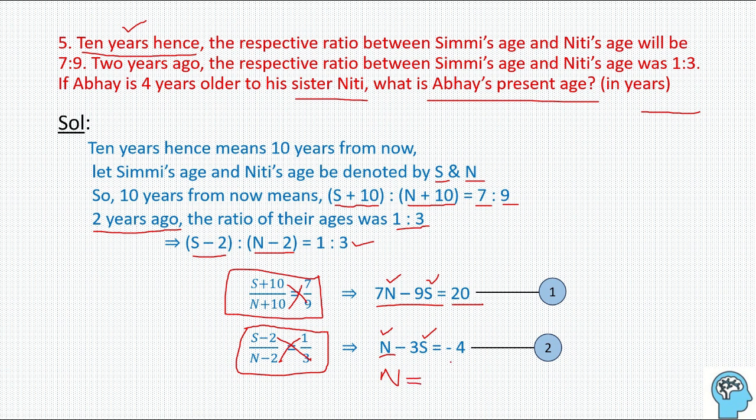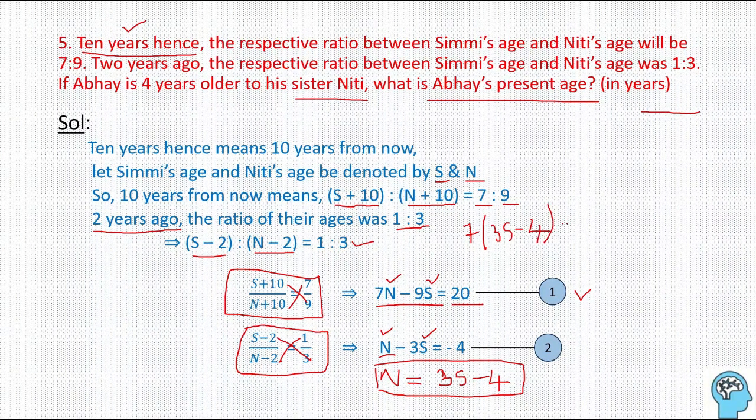So directly take the N value: N is equal to 3S minus 4. Now substitute this N into the first equation. So you get 7 into (3S minus 4) minus 9S is equal to 20.